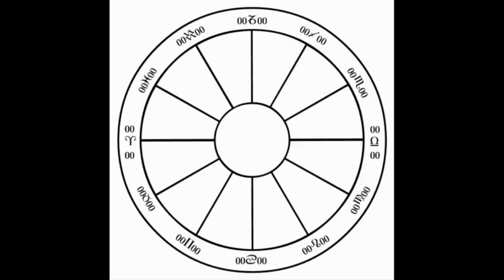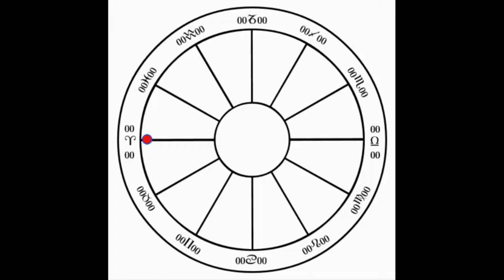So here we go. I will now take you through all the aspects and give you short sentences or keywords for each, which we will use later. Here's a blank wheel, 0-degree Aries on the ascendant, 0 Taurus, second house, and so on. And now we will place a planet exactly on the ascendant at 0 Aries.